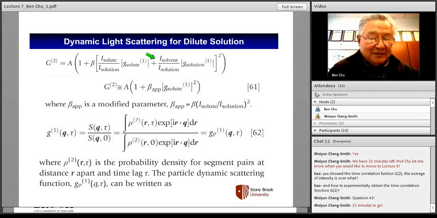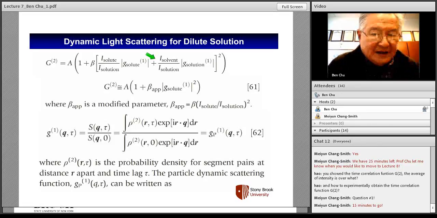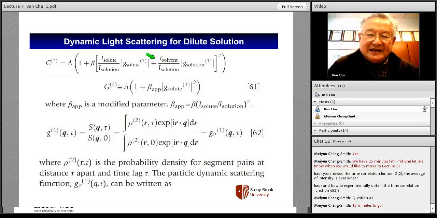Now this is again of interest, because you can see the intensity of the solute that I'm looking at compared with the intensity of the solution. Suppose I say 50% of the intensity is being scattered by the solvent. So the intensity that I obtained is only 50%. So this becomes 1/2, and therefore this becomes 1/4.